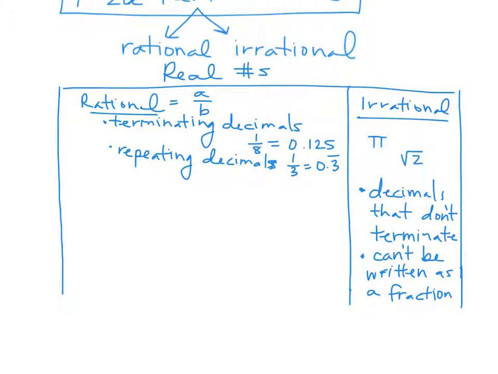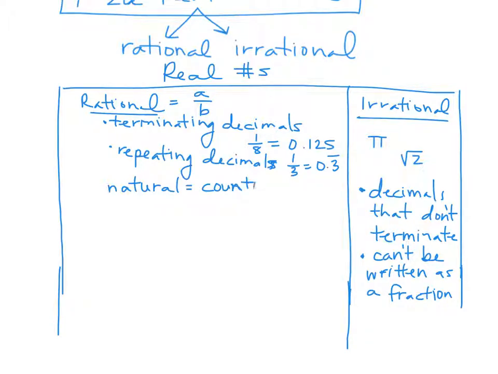So under that rational umbrella, if this is our big umbrella box here, there are different sets of numbers that we can do. So one of those sets of numbers is the natural numbers. Do you remember what a natural number is? Right. Not 0.